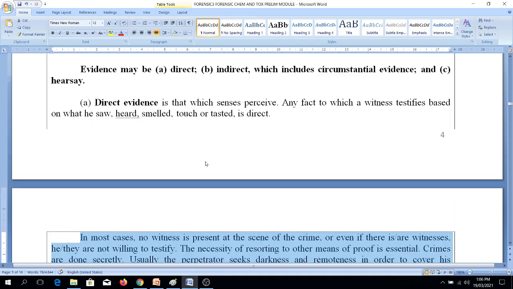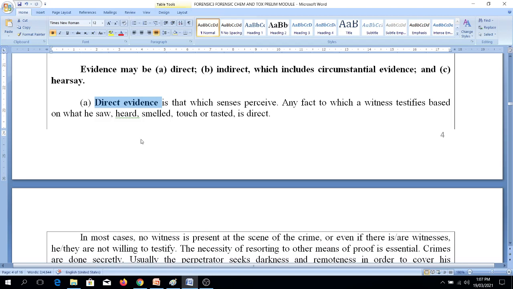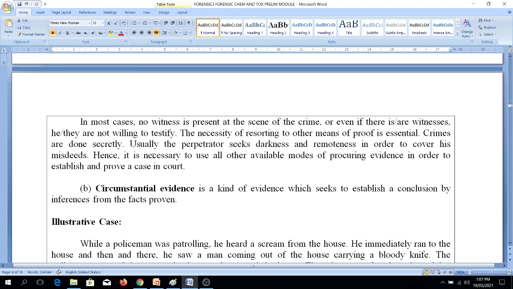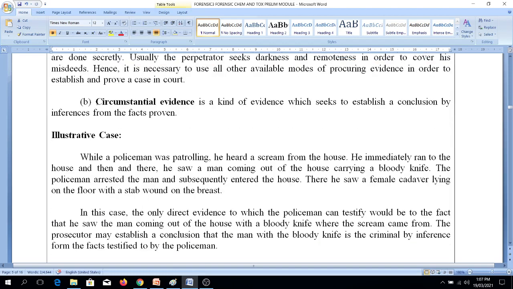We need to remember that direct evidence is strong evidence. It is sufficient enough to provide conviction. On the other hand, another type of evidence is circumstantial, also known as indirect evidence.